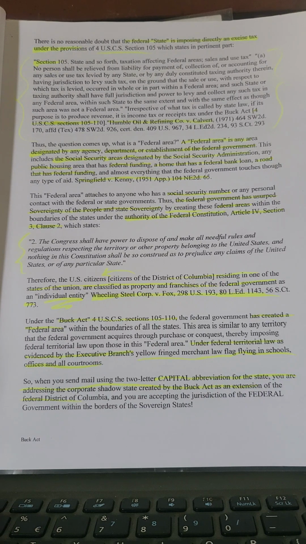Under the Buck Act, 4 USCS Section 105 through 110, the federal government has created a federal area within the boundaries of all the states.